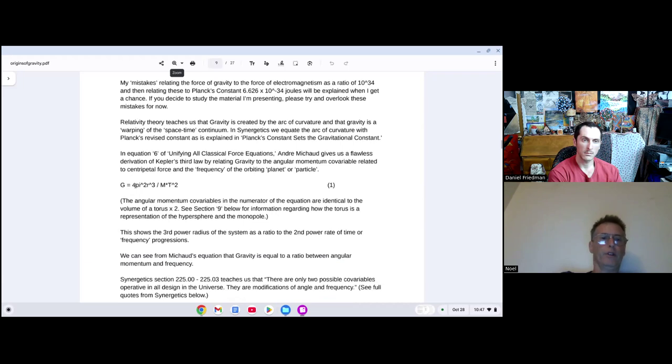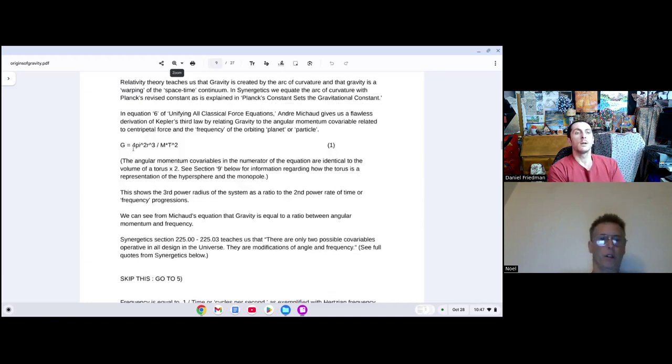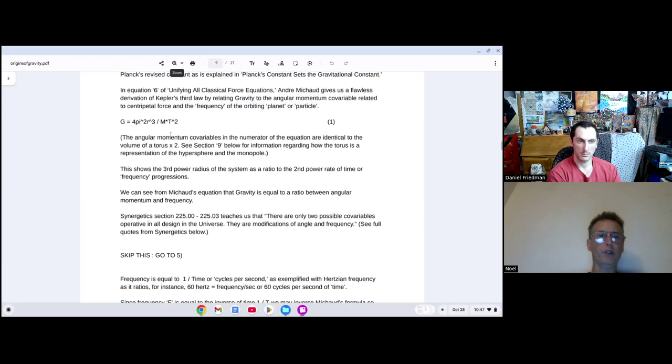That is 2 times the formula for the amount of volume in a torus. Synergetics teaches us that there's only 2 possible covariables operative in all design in universe. They are modifications of angle and frequency. Okay, let's keep that in mind. Remember, time is related to frequency in synergetics, and mass is related to frequency also.